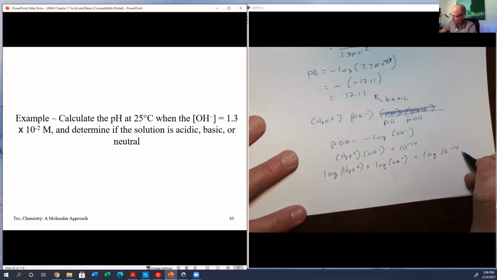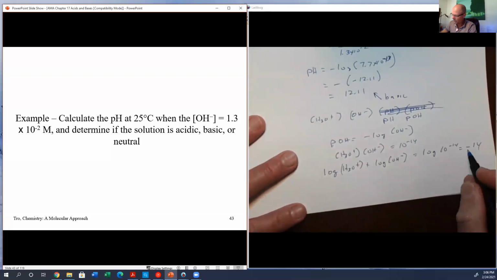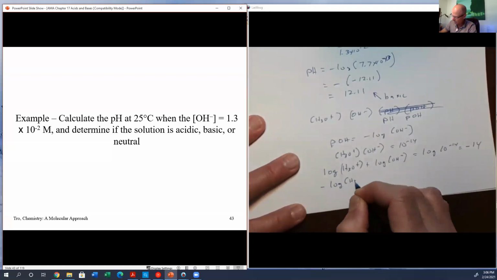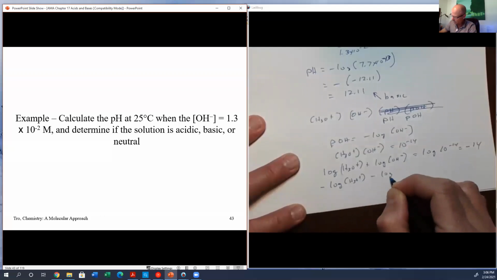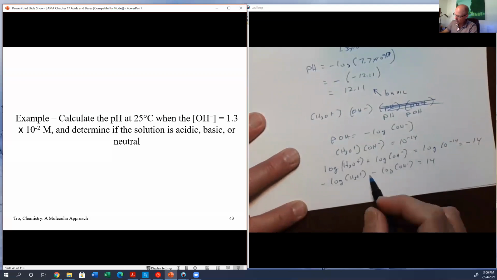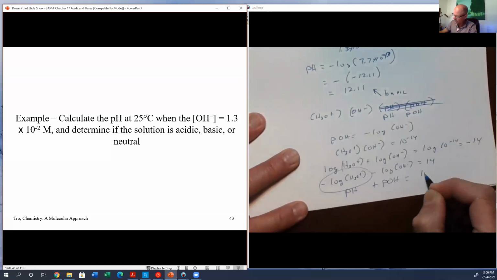And this log of 10 to the minus 14 is just minus 14, right? So then I can multiply through by a negative sign: minus the log of H3O plus minus the log of OH minus is equal to 14. And notice this is pH, so pH plus pOH is equal to 14.